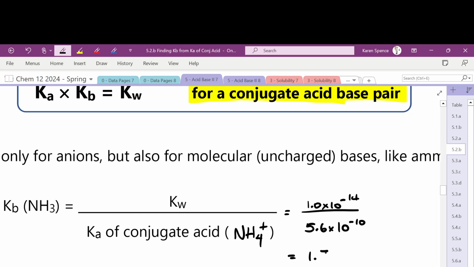And that is 1.79, which would become 1.8 times 10 to the negative 5. Is good? Okay, easy enough. Kw divided by Ka will give you Kb.